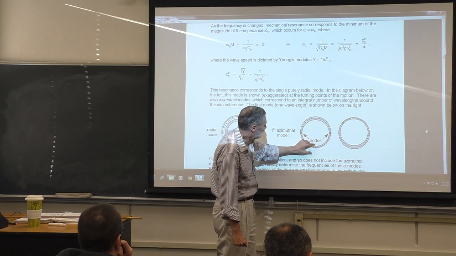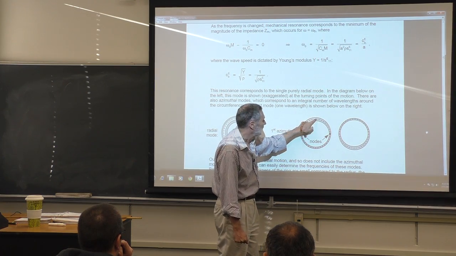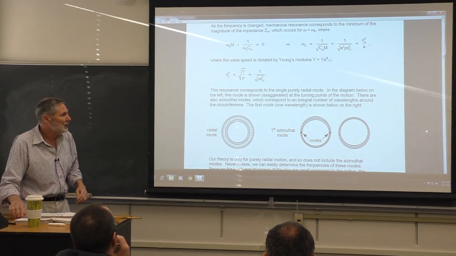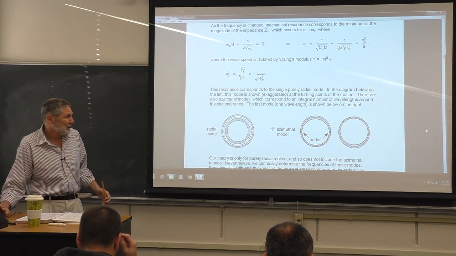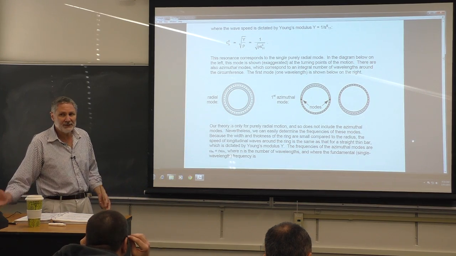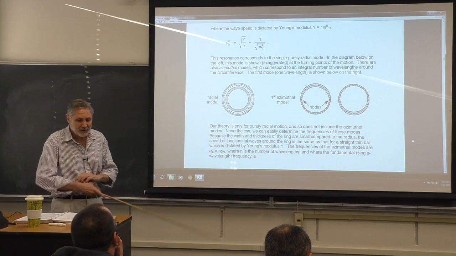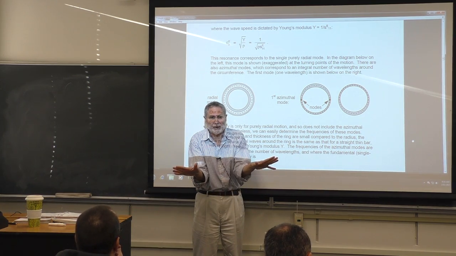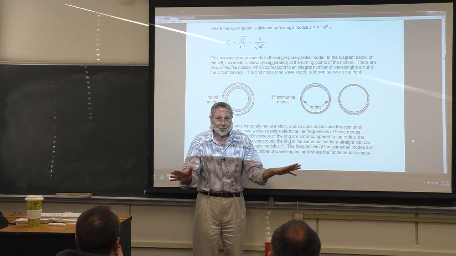We go down to none here, then there's a contraction here. Go back to here, and we get back to here. We've gone around one cycle, right? That's one wavelength. So even though our theory doesn't apply to this case, we know what the resonant modes are going to be, right? Because we can imagine taking this and just spreading it out into a bar. And we've got one wavelength on this bar.